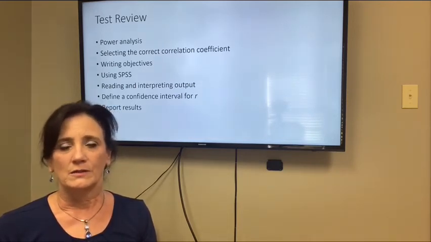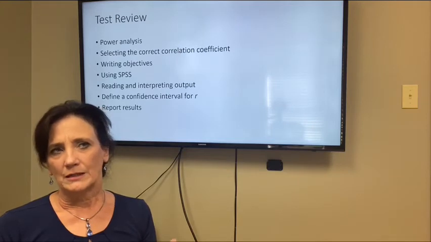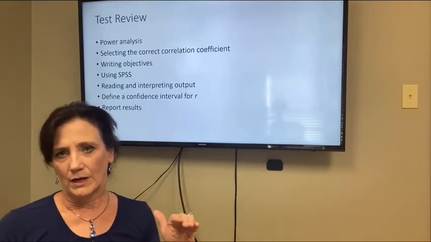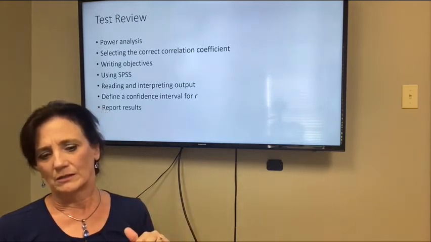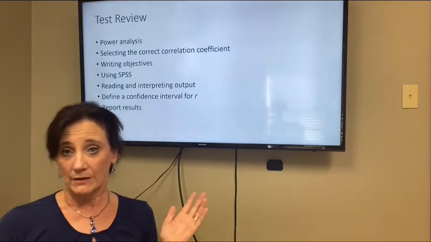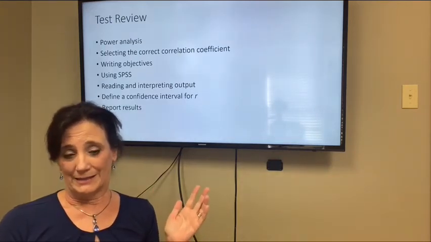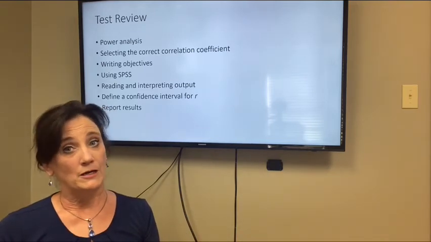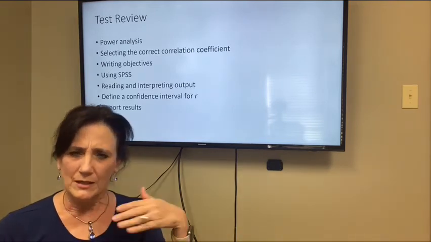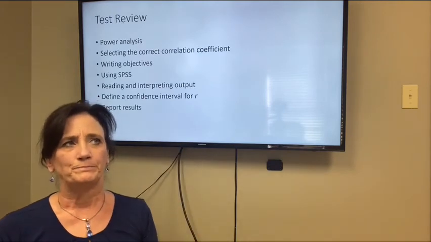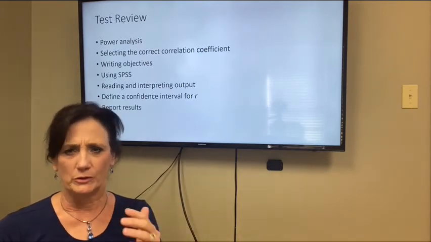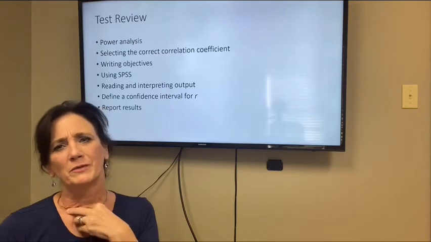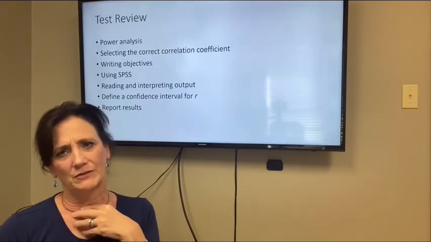Writing objectives. I am more likely to ask you to select the correctly written or the incorrectly written objective, but every now and then, I get excited and I say, just write me an objective. So do be prepared. You could have to write an objective. So think about variables from your studies, because I don't really want to see my objectives given back to me.